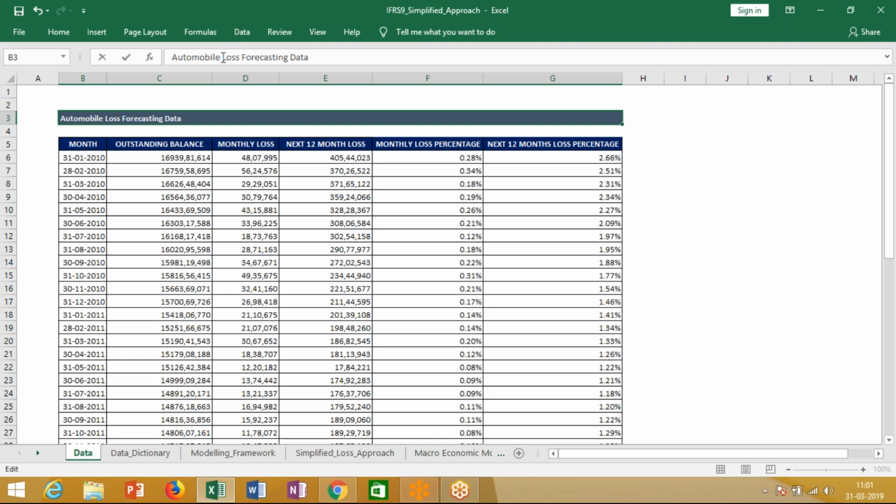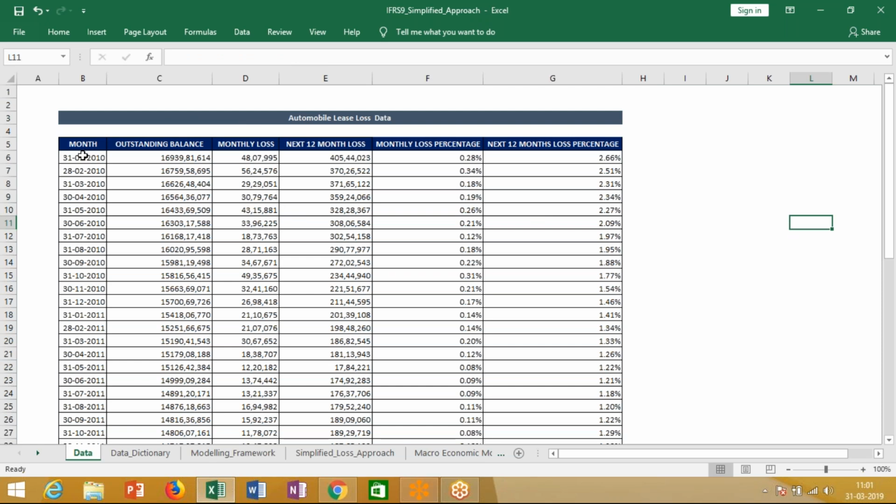Or let me put it like this: this is lease loss data. I'll not put it as forecasting, I'll say it's loss data, right?